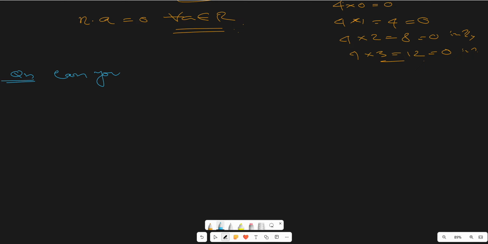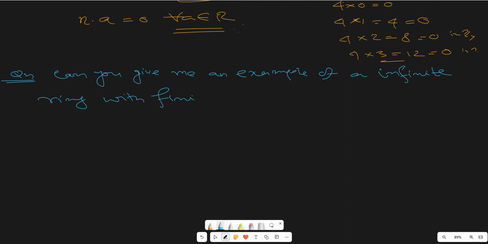Can you give me an example of an infinite ring with finite characteristic? Char means characteristic, here I am using the short version.